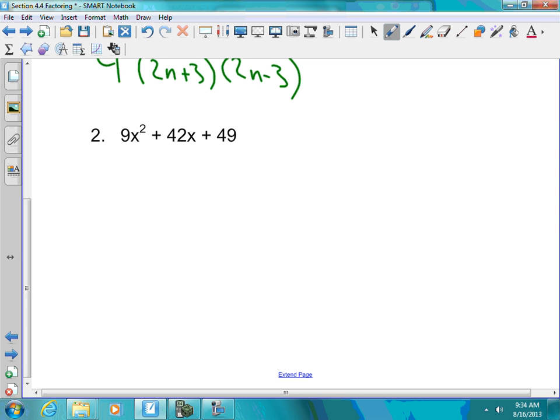If I look, 3x times 3x, that makes 9x squared. 7 times 7, that makes 49. So if I'm thinking about this, you might default when you see a trinomial to your bottoms up method, a times c, what adds to make b. You'd really be looking at the same thing.